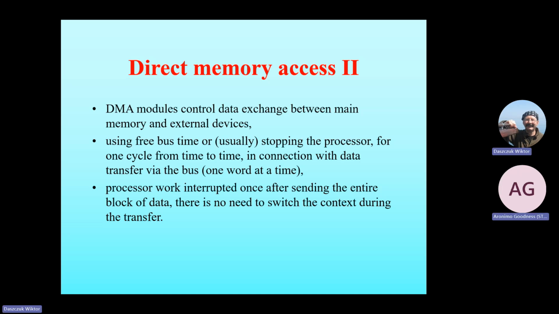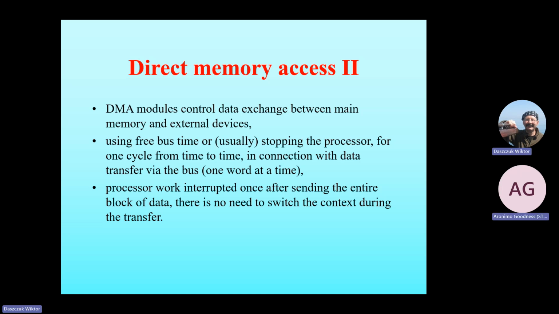And the processor, after the transmission, will be woken up. So when we work with DMA, we have only one interrupt per large transmission. If we would transfer byte by byte, there would be thousands of interrupts to serve.